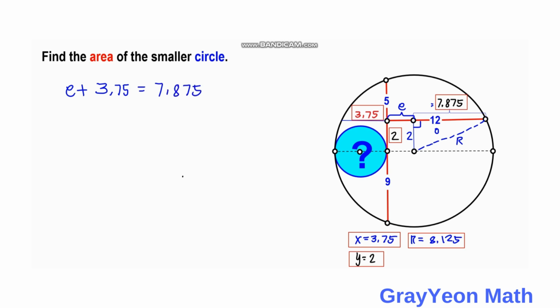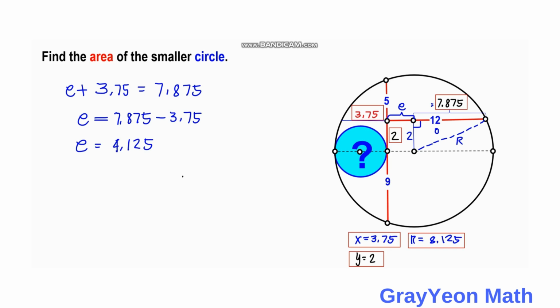So E is simply 7.875 minus 3.75, or E is equal to 4.125.